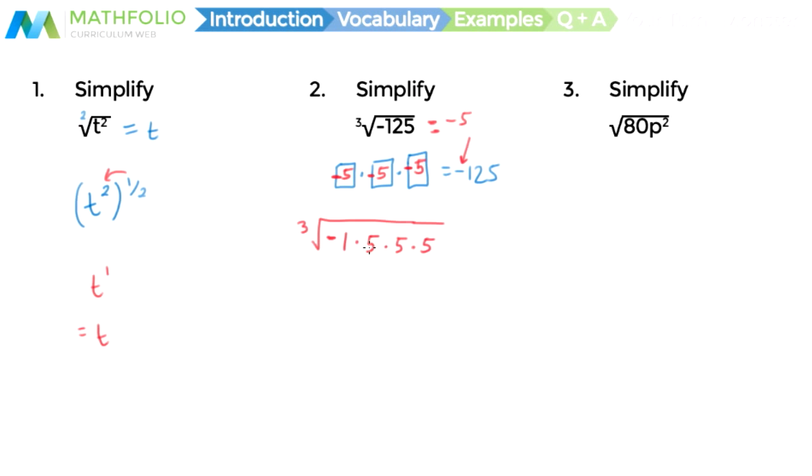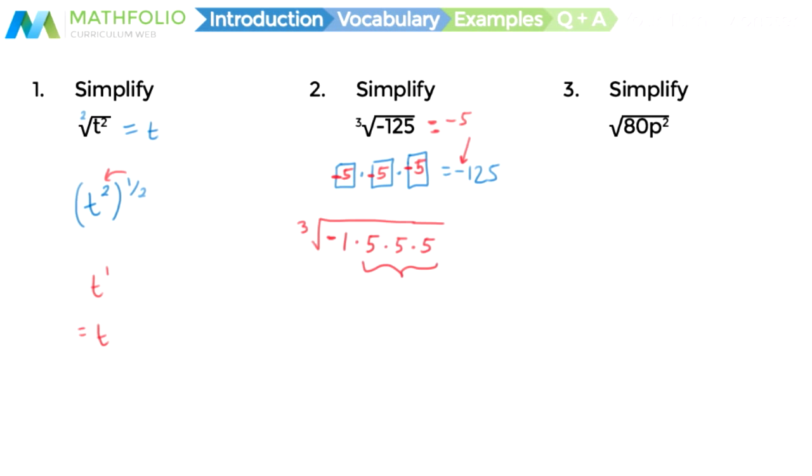So the 5 times 5 times 5 gives us 125, and when we times that by negative 1, we get negative 125. Because this is a cube root, we can see here that the 5 is multiplying by itself 3 times, and so we know 5 is a part of this. And so then we just need to think through the situation with the negatives.